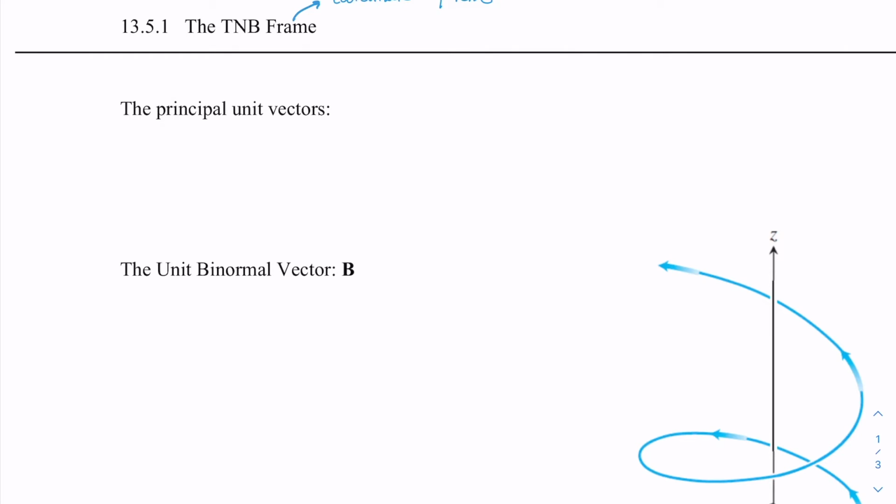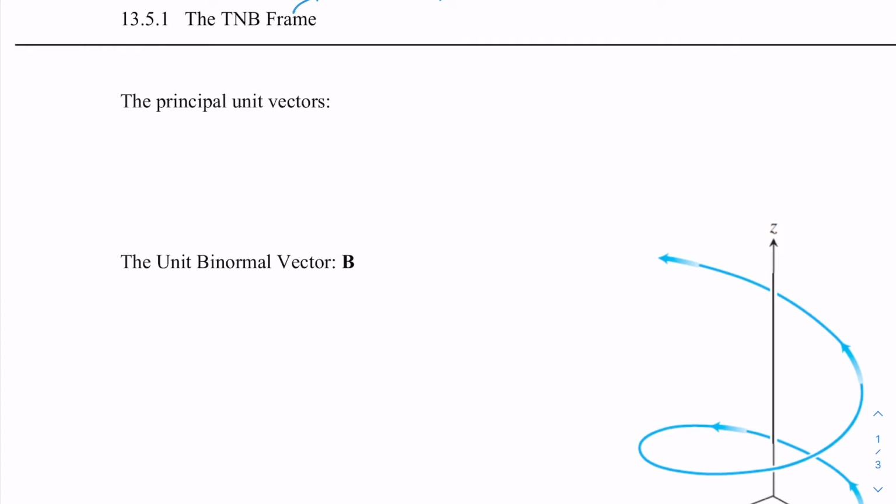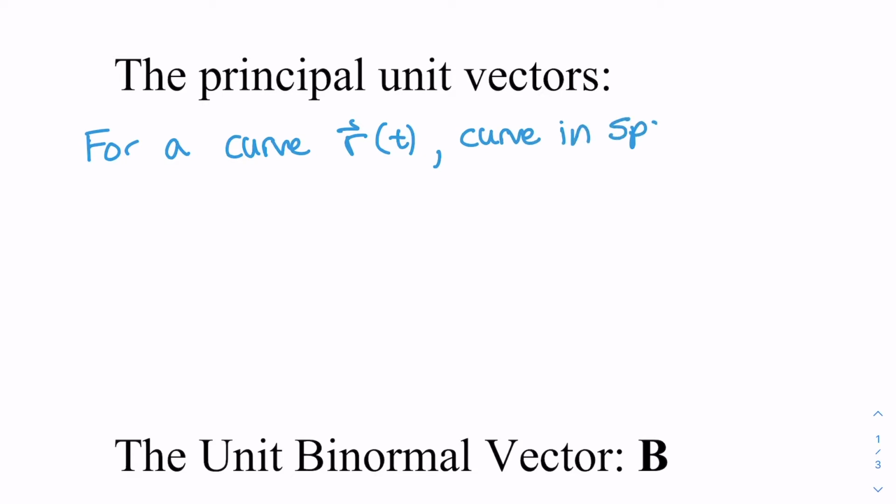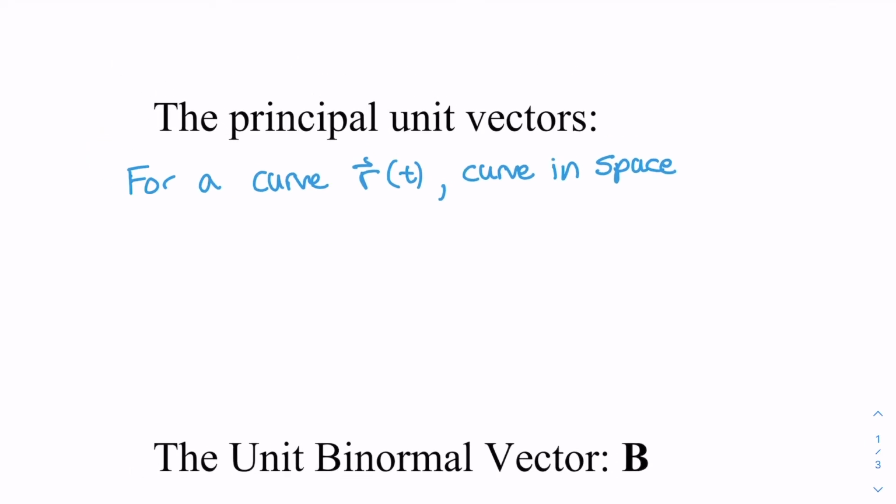So far, we've looked at two different principal unit vectors for vector-valued functions. So for a curve r of t, that's a curve in space, we've looked at two principal unit vectors for these curves.